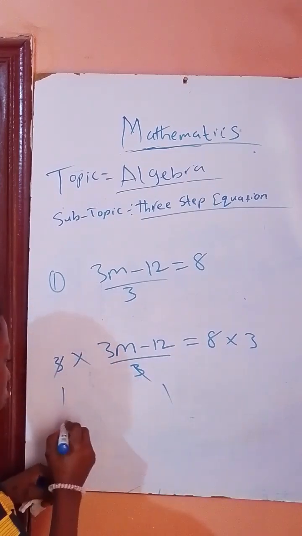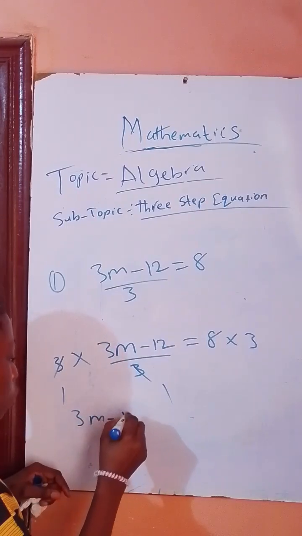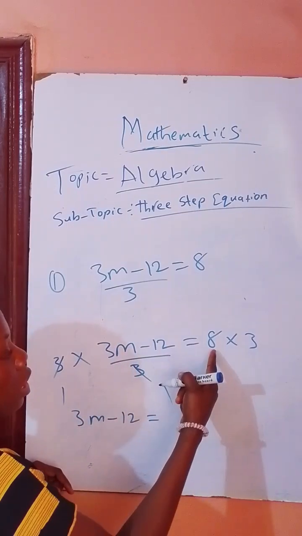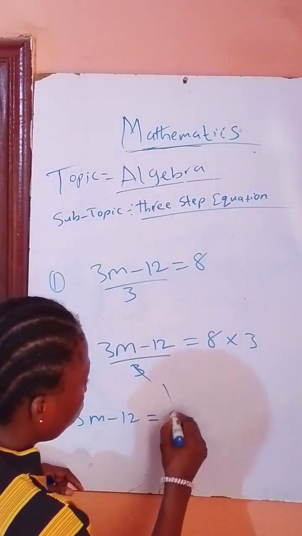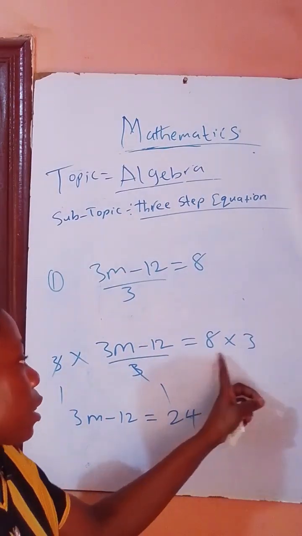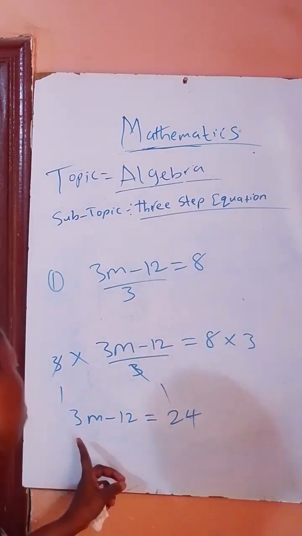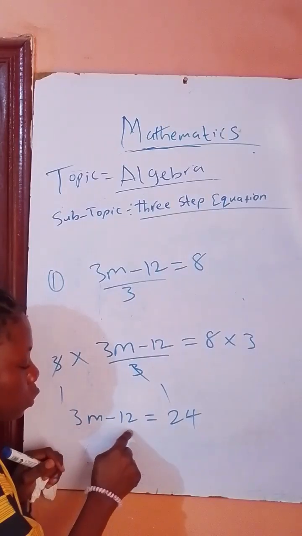Then we bring down our 3m minus 12 equals 8 times 3, which gives us 24. So we are left with 3m minus 12 equals 24.